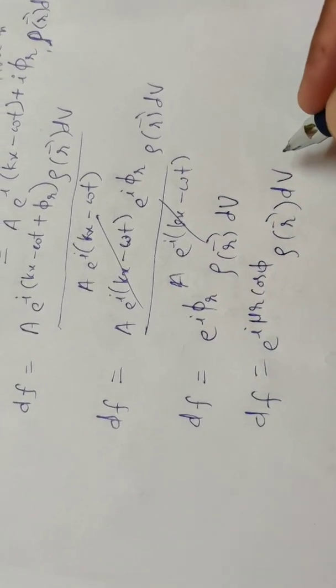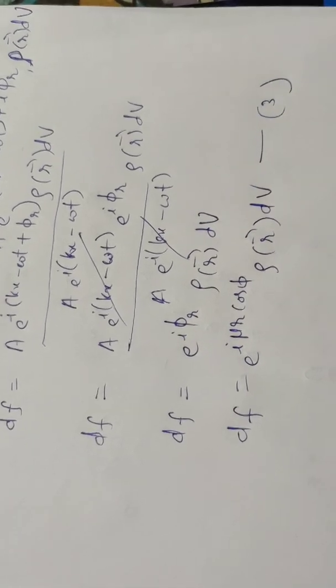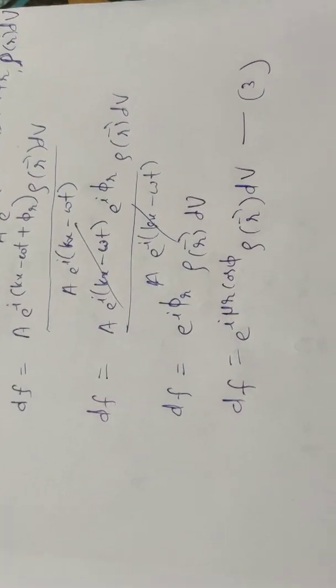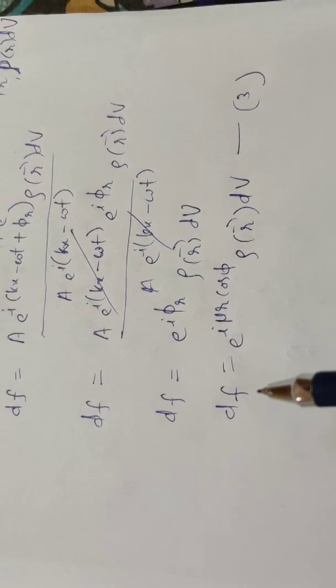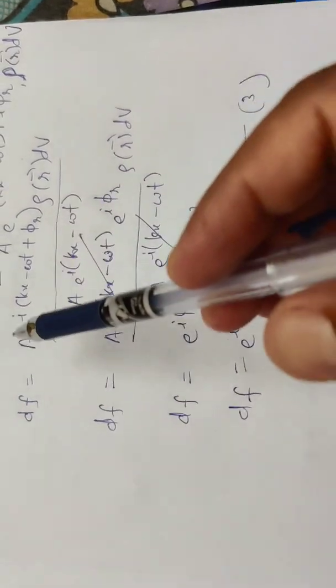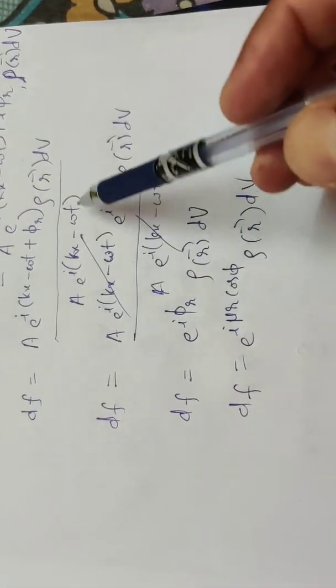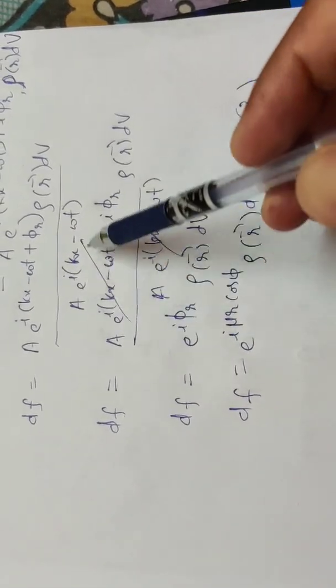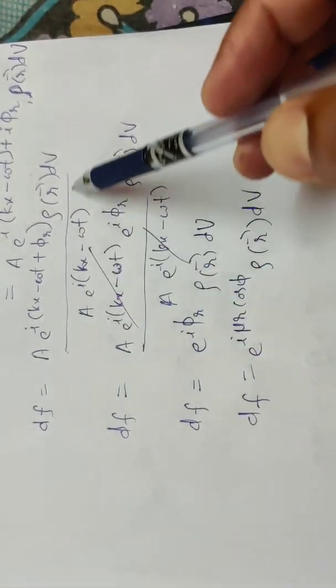This is equation number 3. Now this is your atomic form factor, or atomic scattering factor, and it is only from the charge distribution in an atom relative to the scattering amplitude from a point electron. So this is only from a small volume charge distribution.